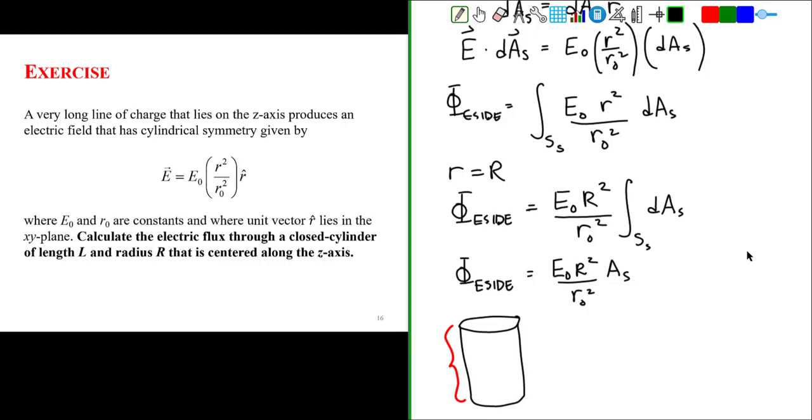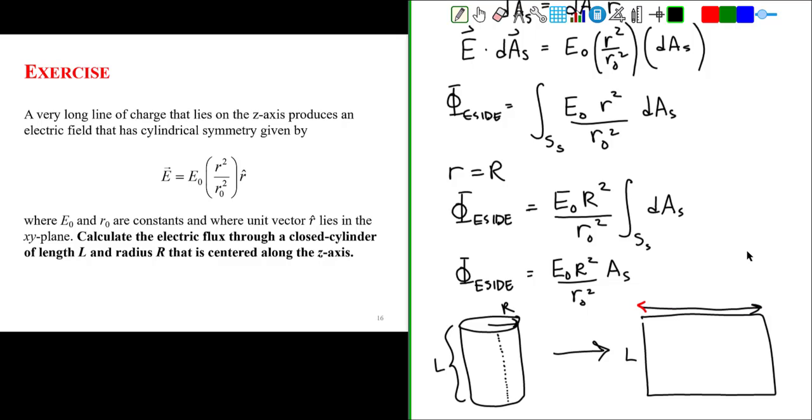Okay, this cylinder has a length L. This cylinder has a radius R. If we imagine slicing that cylinder down one side and expanding that side out, as if we are unrolling that cylinder, that cylinder's height is L, and the length is 2 pi R, for the circumference of a circle, which means the area of the side of the cylinder is 2 pi R L.